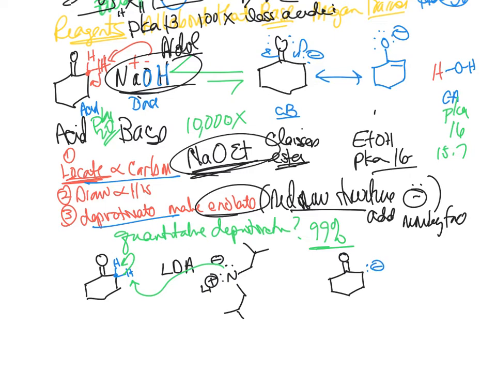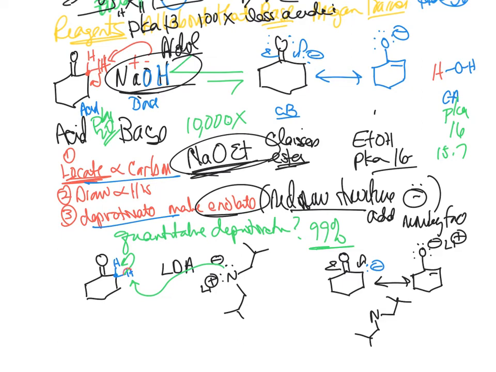There it is. I want to draw the resonance structures. And that's my enolate. And this would be a lithium enolate. And then we have the nitrogen here, the LDA.